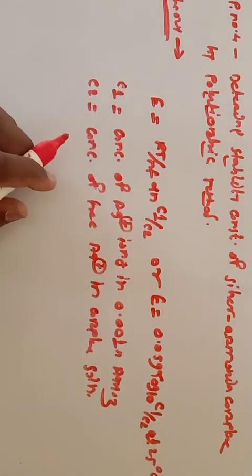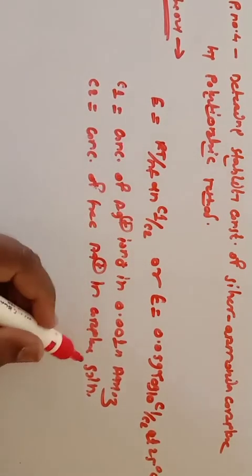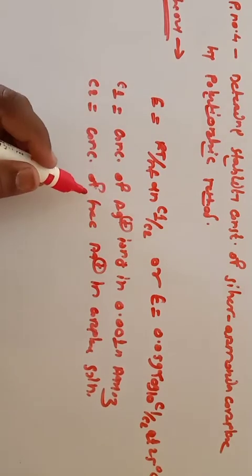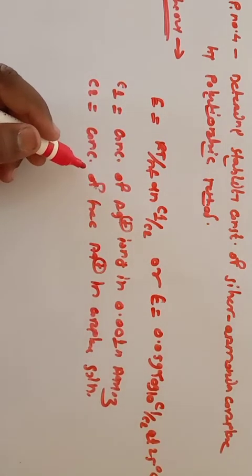So C1 is known, that is, whatever the concentration of this silver nitrate solution is the same as the concentration of your silver ions. So C2 can be calculated by the above expression.